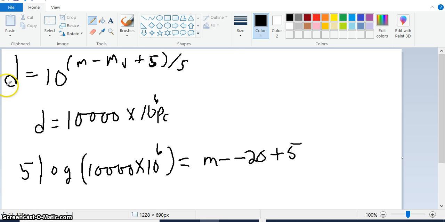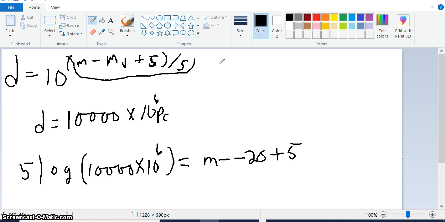We're going to use this equation. The distance in parsecs is equal to 10 times the quantity, once again, the apparent magnitude, which is the little m, minus the absolute magnitude plus 5, and then that whole thing divided by 5. So the whole thing is in parentheses, and this entire thing here is part of the exponential.